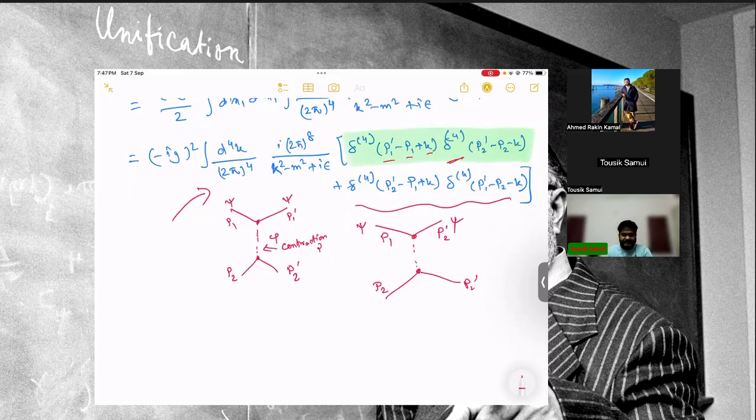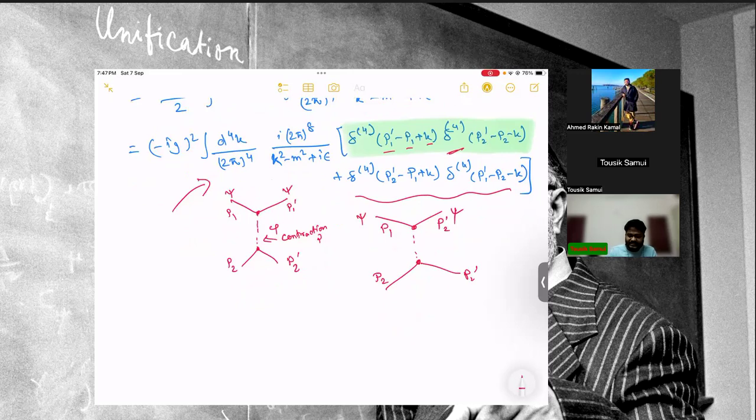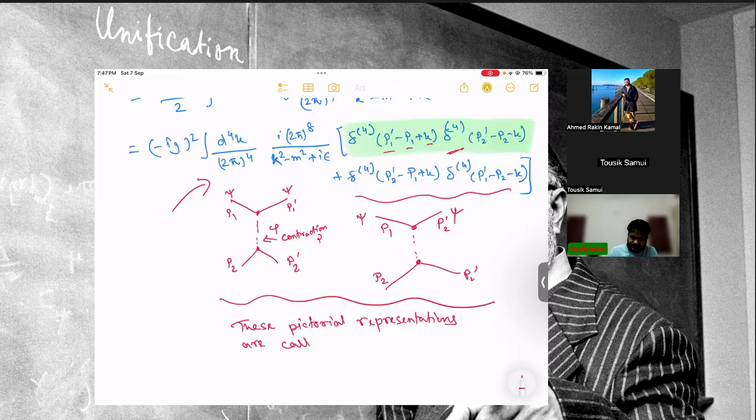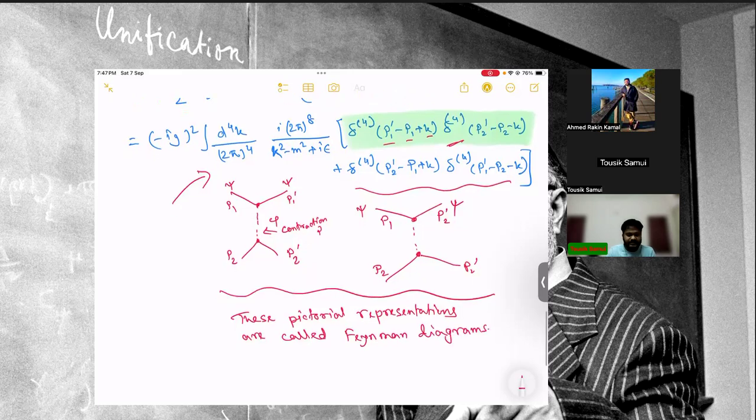Now these pictorial representations are actually called Feynman diagrams. And the rules by which we get these are called Feynman rules.